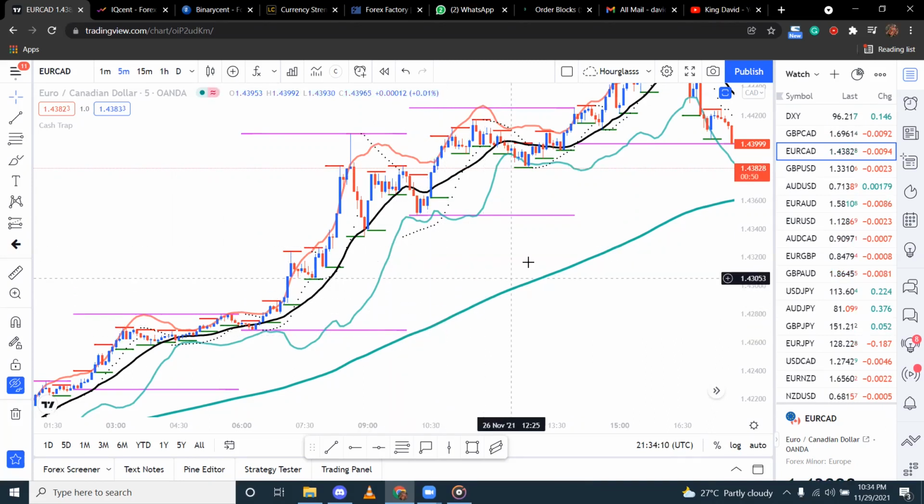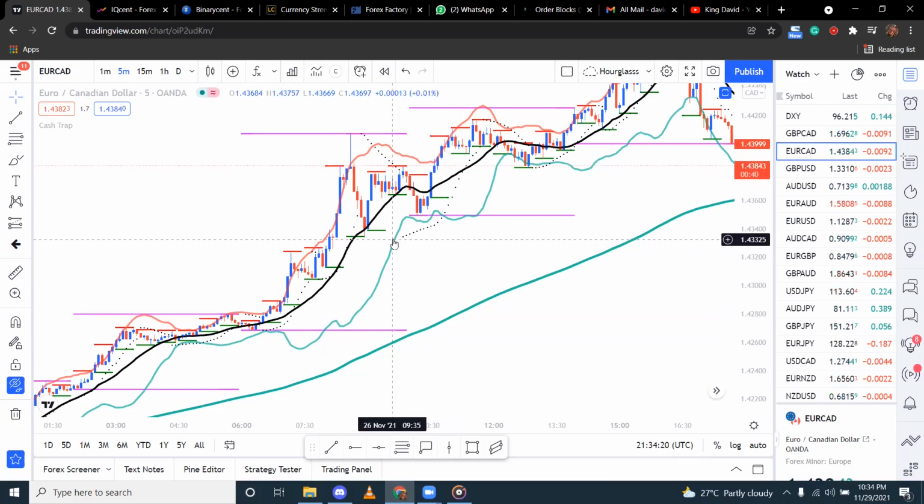The 200 gives you the buy signal. The market is above it. You are looking for the market to be hitting this middle line or the lower green line. That's the confirmation of the Bollinger Bands for a buy. The market is at either this black line or this lower band. Good.